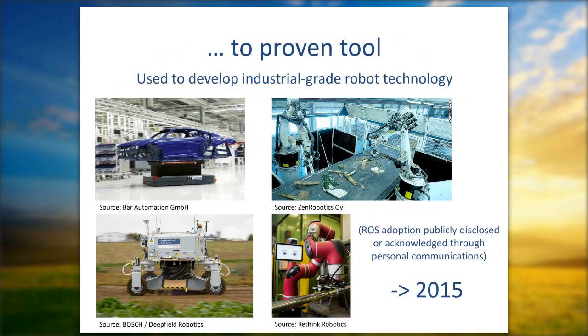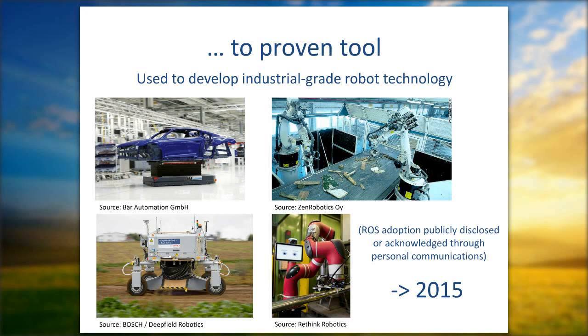And now in 2015, it's not just a concept. Here are some examples of industrial applications that are either already out in production, like the one in the top left, an AGV system by Bear Automation, made in collaboration with Fraunhofer IPA here in Germany. It works 16 hours per day in an automotive plant.